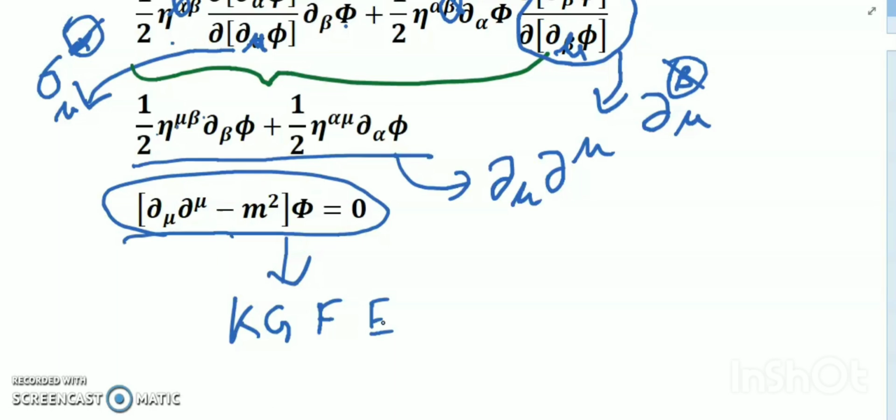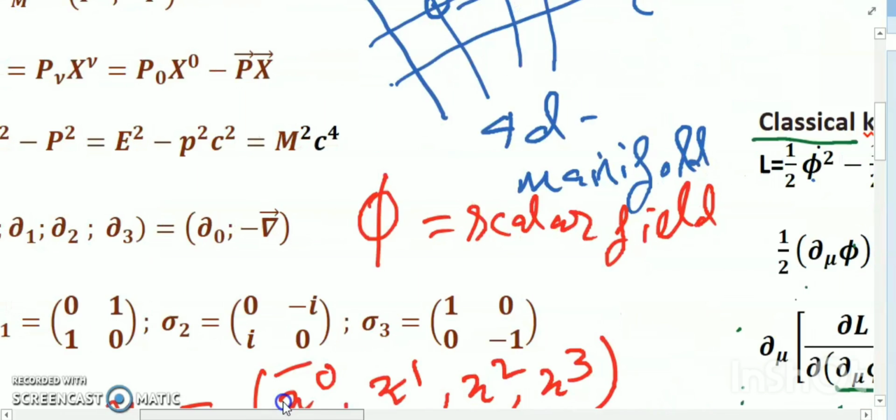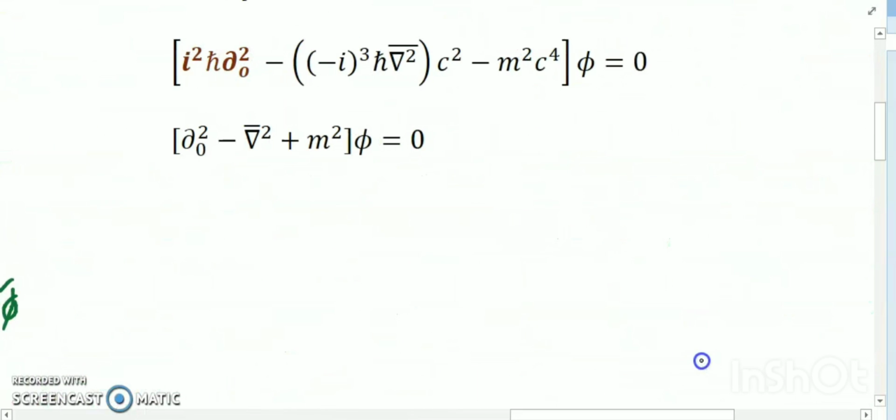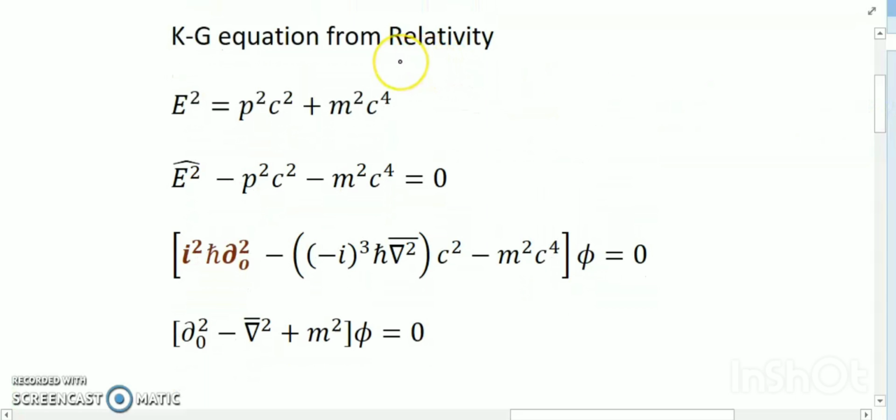Now, friends, we start talking about conservation laws. So we are going to the special theory of relativity. Now we discuss these KG equations for relativity.